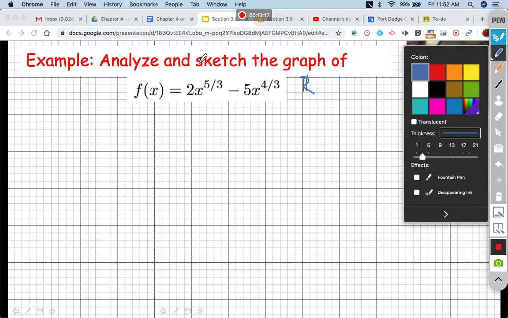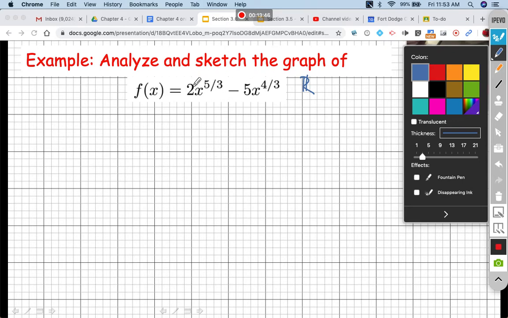If I look at horizontal asymptotes, what's going to happen as x gets huge? As x gets big in the positive direction, we can look at this and say, here we're going to an odd power, fifth power. So 5/3 is bigger than 4/3.